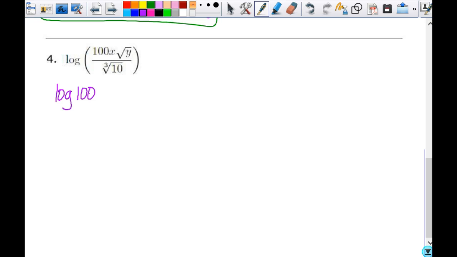So log of 100 plus log of x plus log, and I can put square root of y here, but I'm going to need the fractional exponents eventually anyway, so I'm going to just make that y to the 1/2. And then these are all multiplied, that's all the numerators. So I'm going to subtract what's in the denominator, and so that's log 10 to the 1/3 power. Everybody okay with all that?